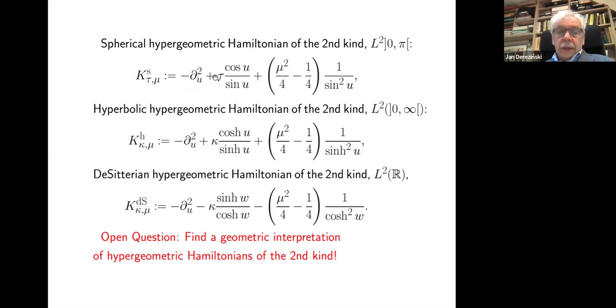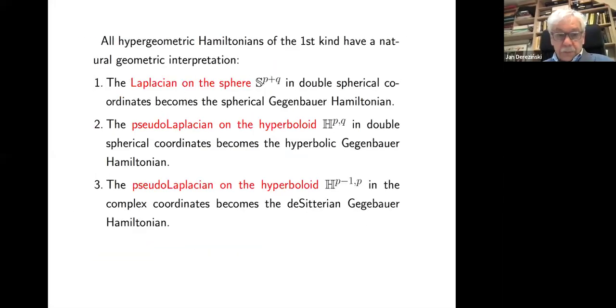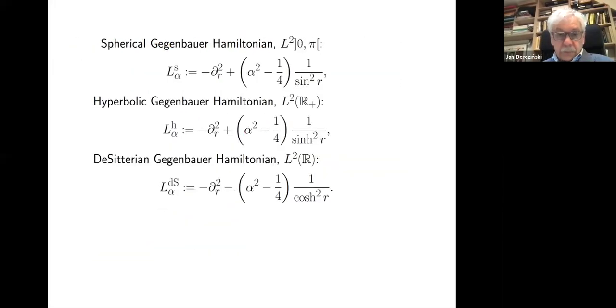families of hypergeometric Hamiltonians, which again we call spherical, hyperbolic, and Siterian. They look like the Gegenbauer Hamiltonians, if you remember, but they have an additional potential.